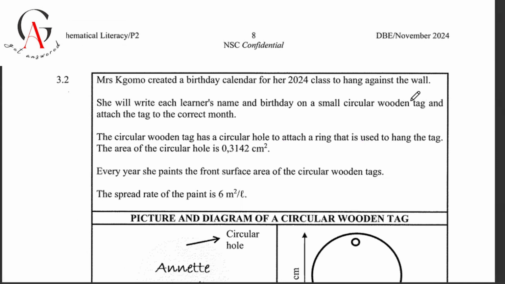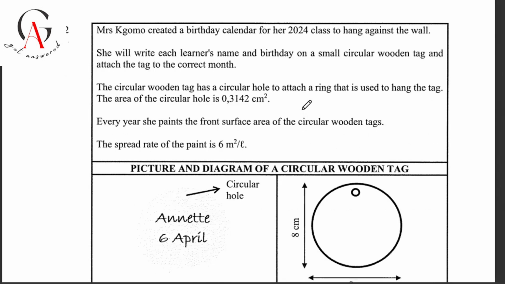She'll write each learner's name and birthday on a small circular wooden tag and attach the tag to the correct month. A circular wooden tag has a circular hole to attach a ring that is used to hang. The tag area of the circular hole is this much. This small hole has an area of that much.